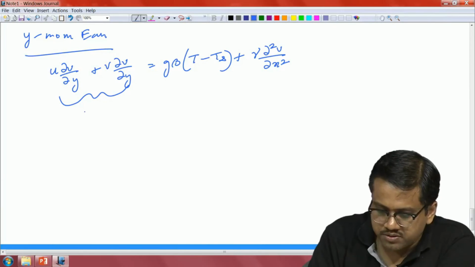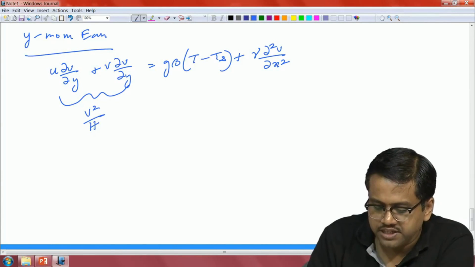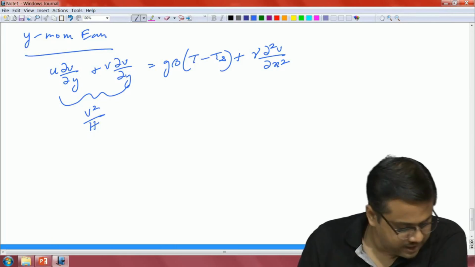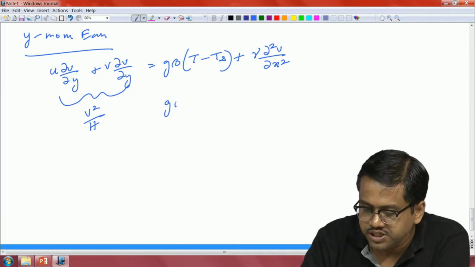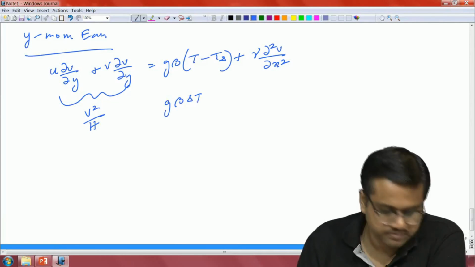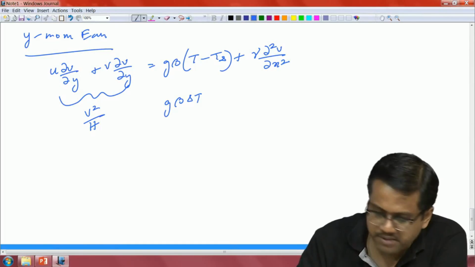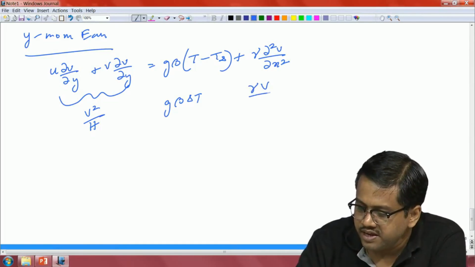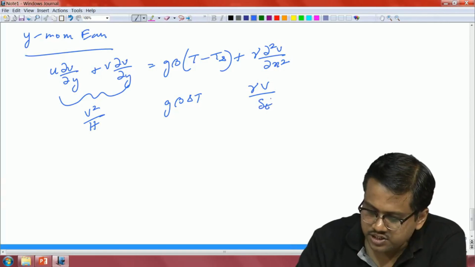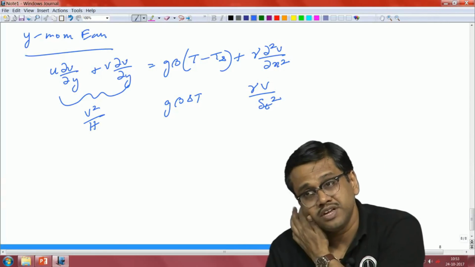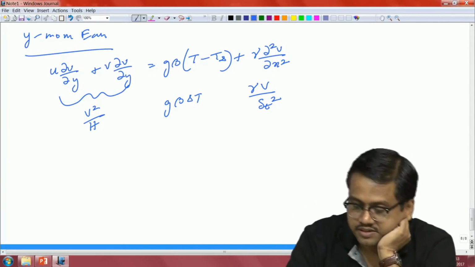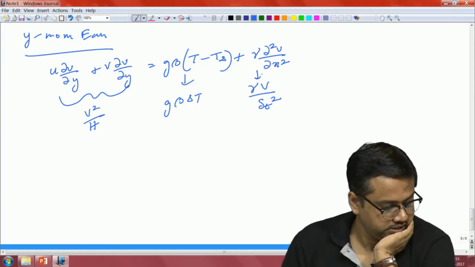So, this will be like v squared by h, right, that would be the logic. This will be g beta into delta T, right, that would be the natural scaling. I need not say much about it. This is nu v divided by delta T squared. These are the three expressions, right. This leads to this, this leads to that.